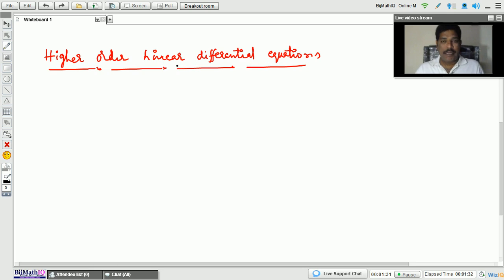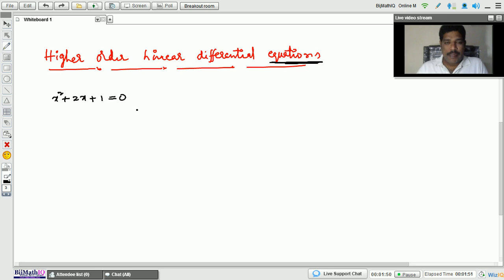Generally we know mathematical equations, that is, algebraic equations. Suppose the equation is x square plus 2x plus 1 equals 0.